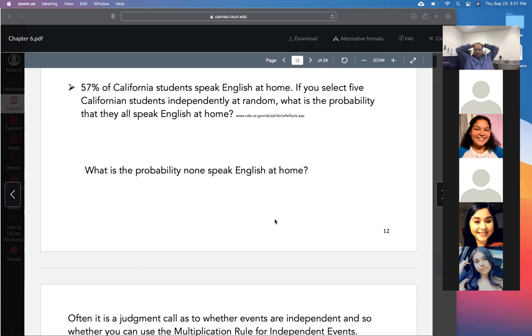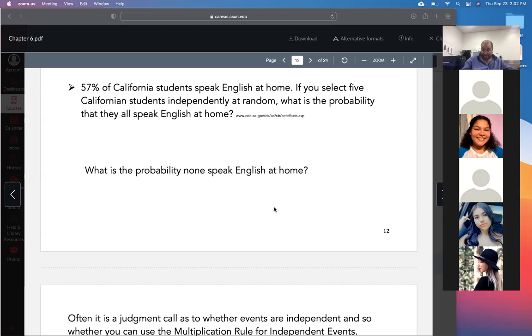I have a question. Does 57% have anything to do with it? Yeah, I would hope so. Otherwise, why would they give that to me? So yeah, chances are it matters. Would you do it out of 100, the 57 over 100?